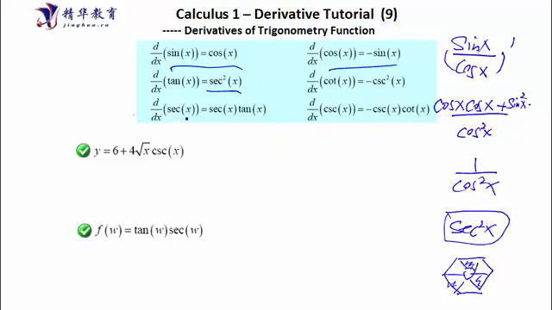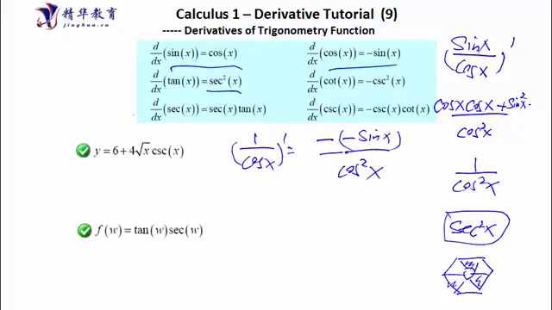For example, I'll do one more for the secant, 1 over the cosine function. The derivative of this is over cosine x squared. The top part's derivative is 0, and 0 times anything is 0. So it'll be minus, and 1 is not changing, times the derivative of cosine, which is negative sine x.